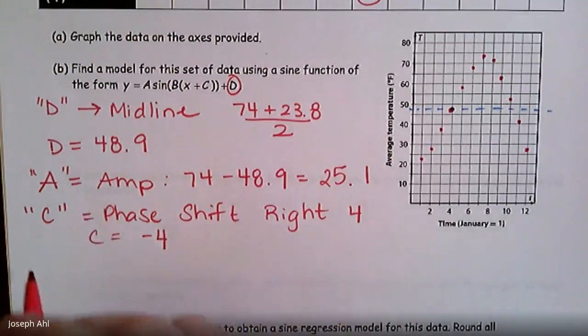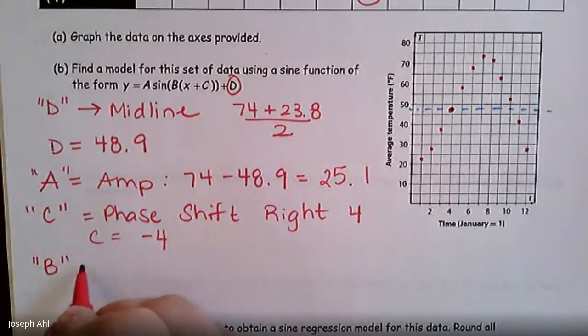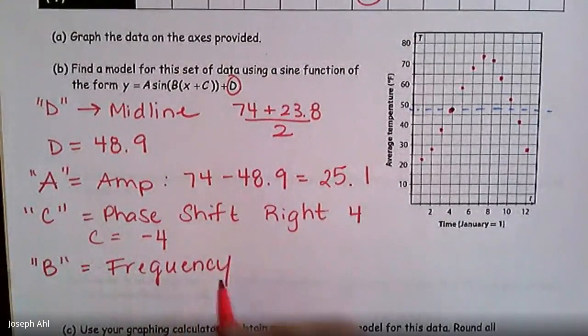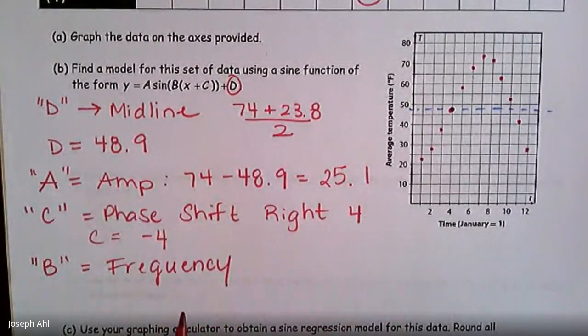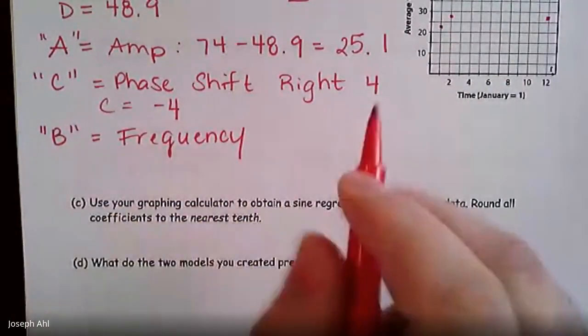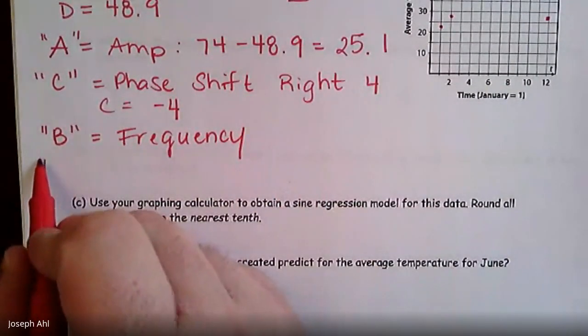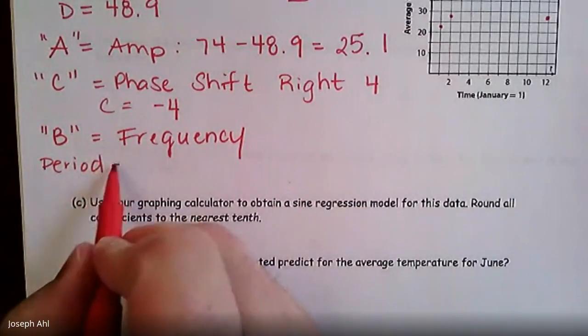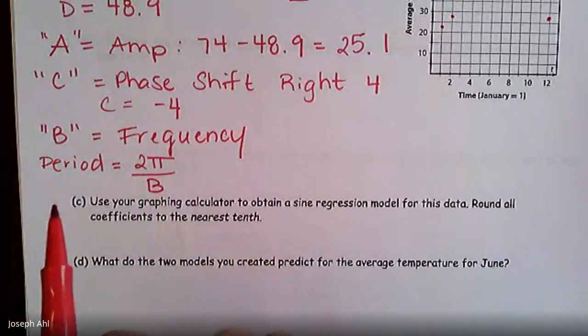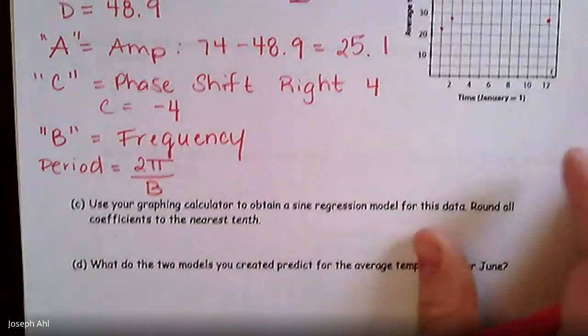All right, moving on to the value of B. B is the last thing that we're going to calculate. B is the frequency. And what we're actually going to use to find the frequency is this concept that we've talked about with period. Period in general is 2 pi divided by the frequency. If you remember anything about the period, it's how often one full cycle of this graph is completed.